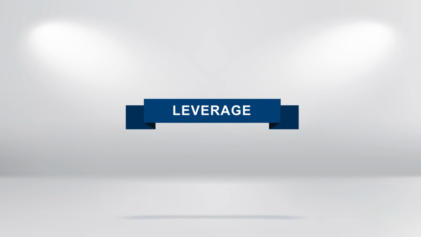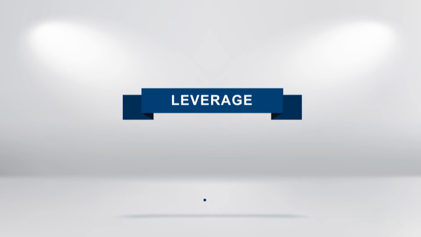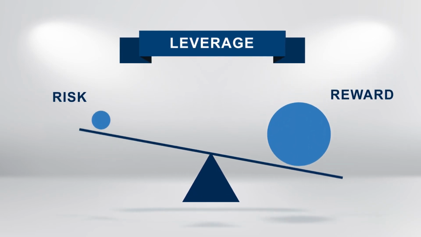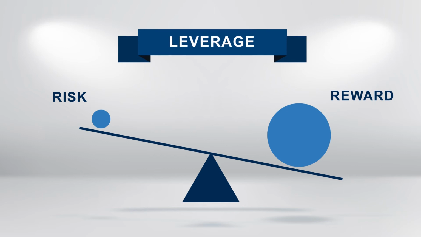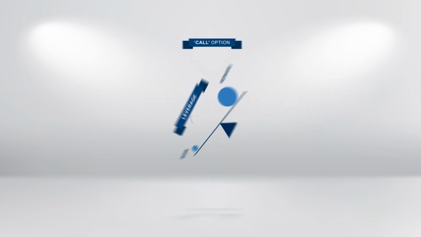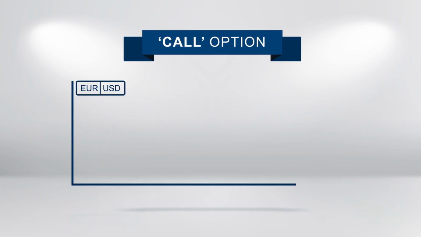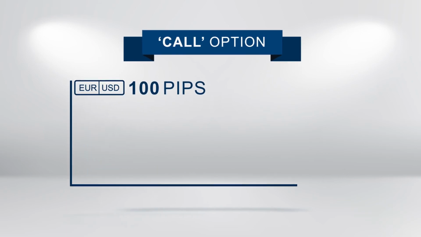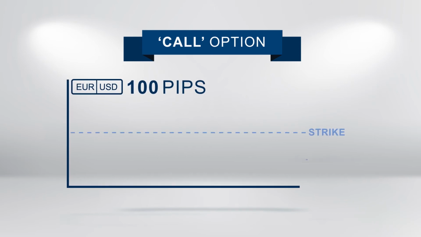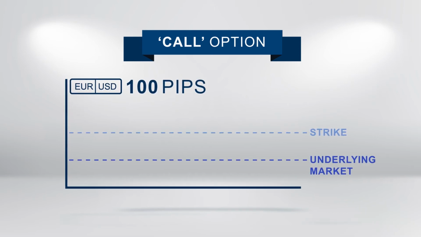Leverage is one of the biggest benefits of trading options. Leverage in financial markets means creating potential for bigger gains whilst risking a smaller amount of your capital. So how do we apply leverage to our strategy? One of the primary factors which determines the cost for buying a particular FX option is the distance between the chosen strike price and the price of the underlying currency.